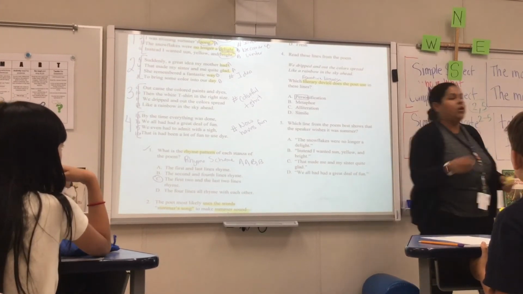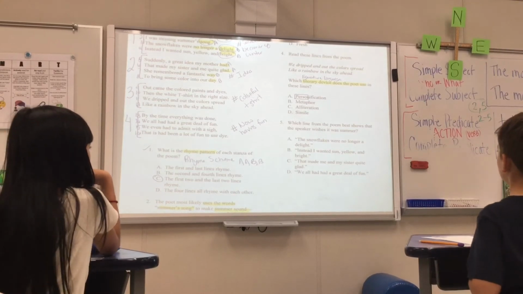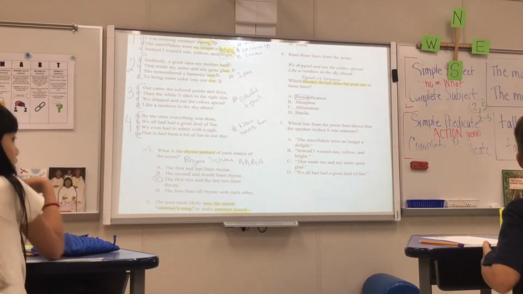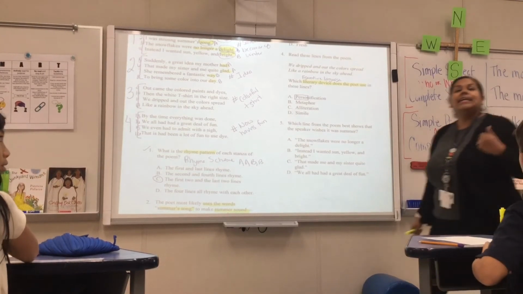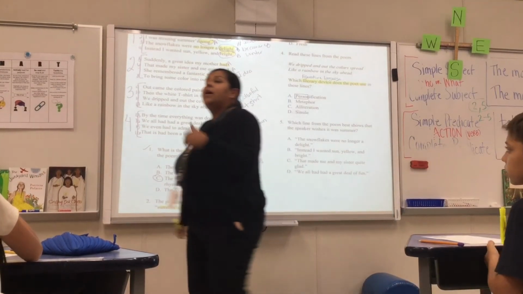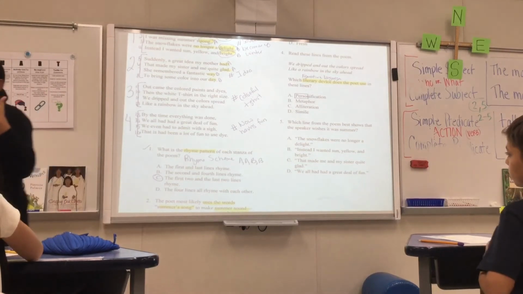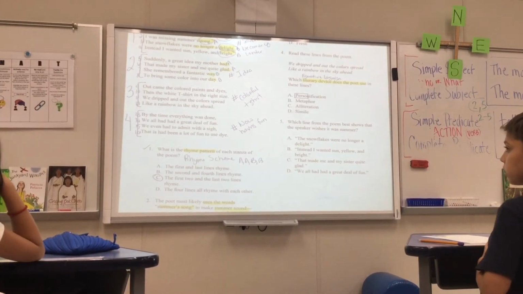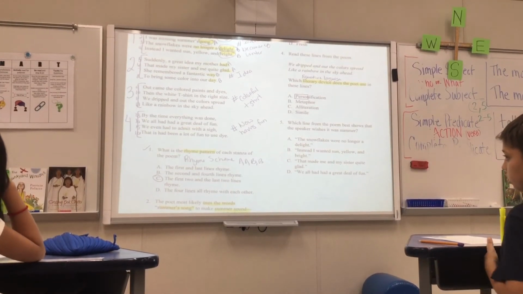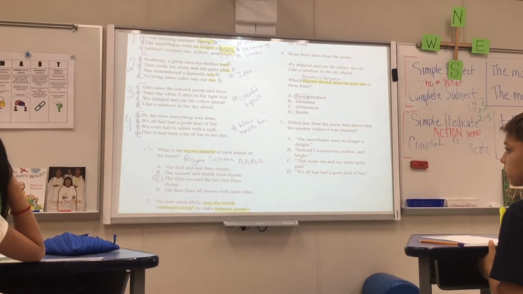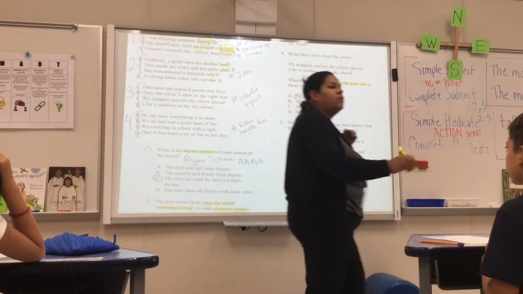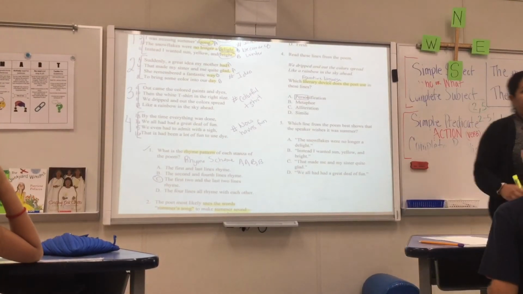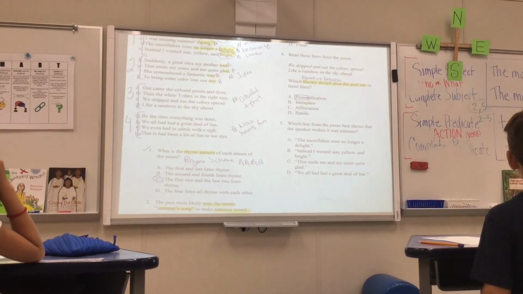What sound do you hear over and over again in that sentence? Not the words, the sound. So when Mr. Brown asks about alliteration, tell me the sound. You're not going to tell him A or R. You're going to tell him the sound is repeated. So like Peter Piper, what sound do you hear? Right? So that's alliteration.